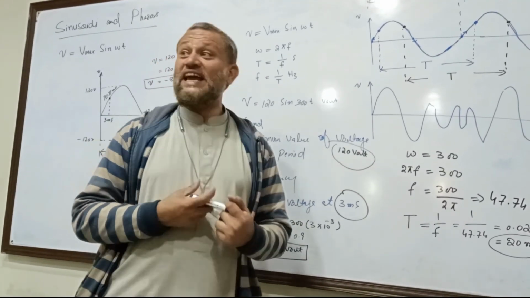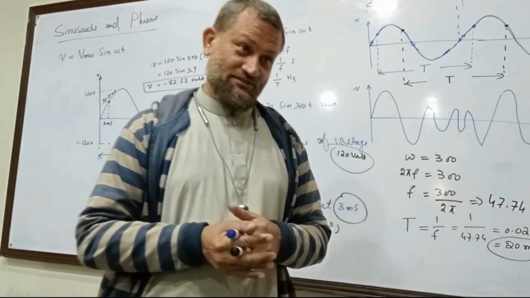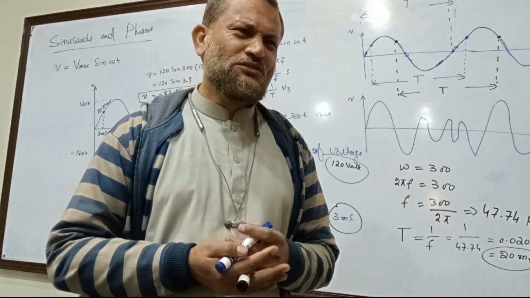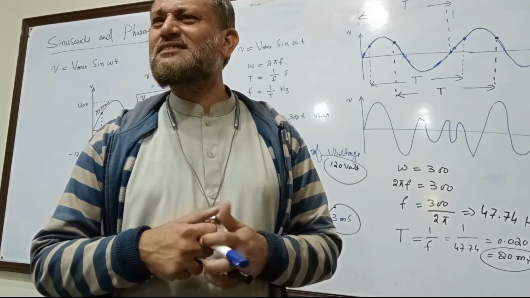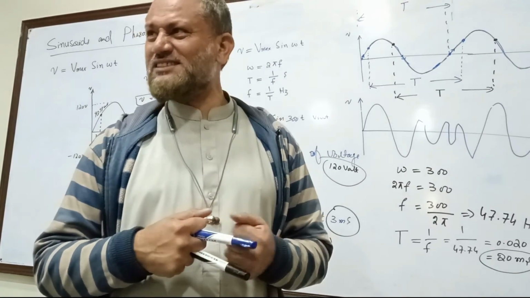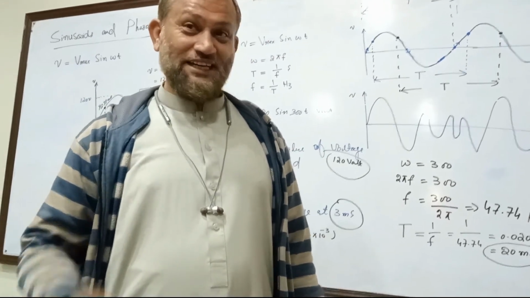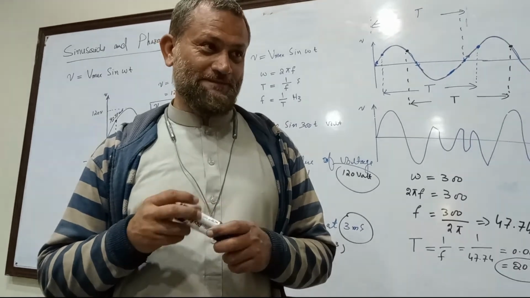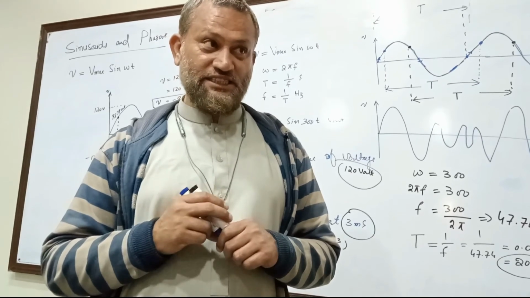Another tool we should have for AC circuits is phasors. That is in complex numbers. You know what that was? Real, imaginary, something like this. Complex number. So we will have that tool for AC circuits.